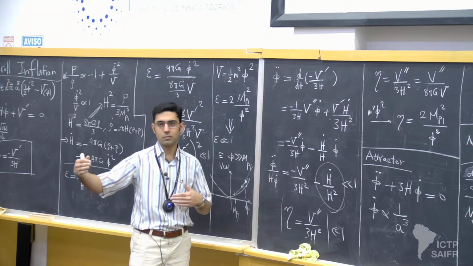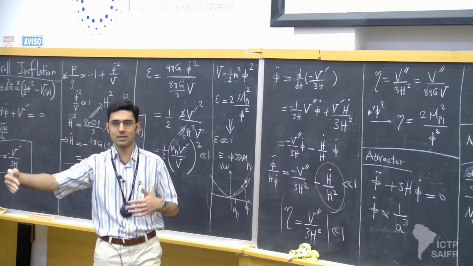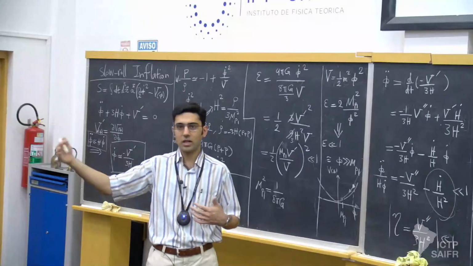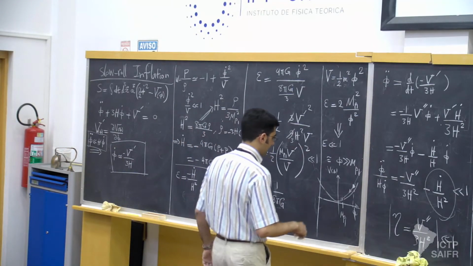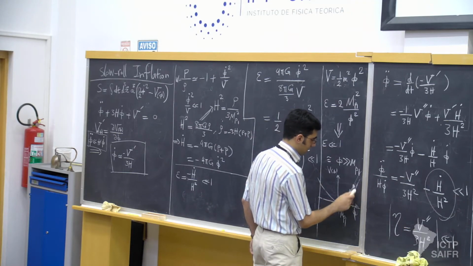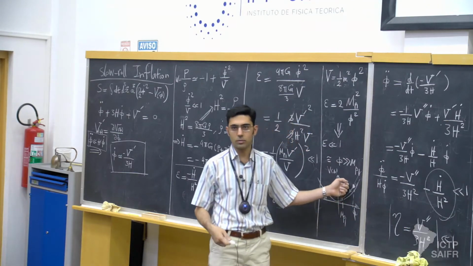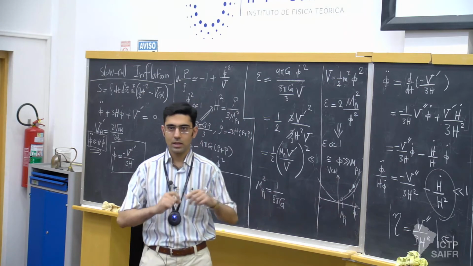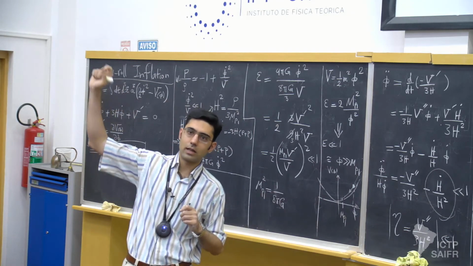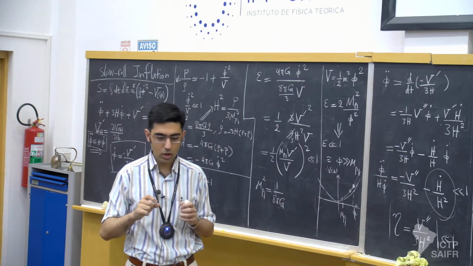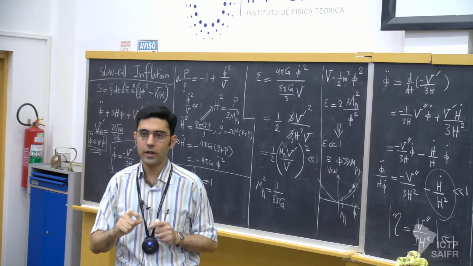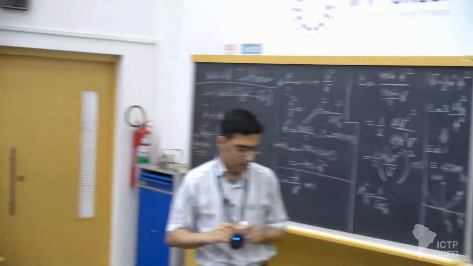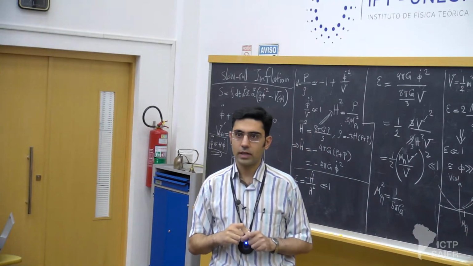It didn't have to start exactly at 60 e-foldings. It could have started much earlier. However, something happens, which is that if you take this m squared phi squared potential as an example, and you keep going farther and farther, or higher and higher on the potential, at some point you enter a phase which is called the eternal inflation phase.